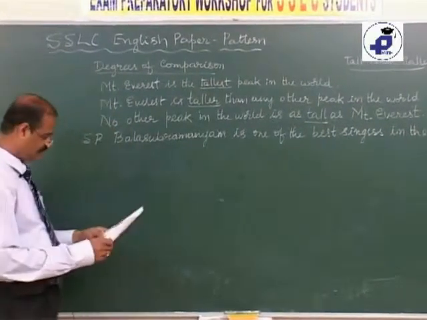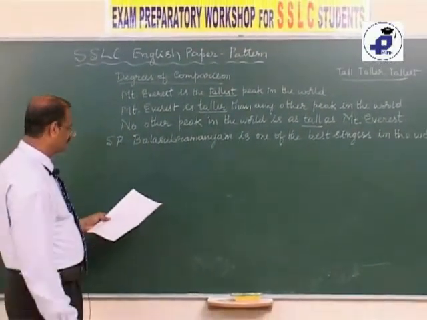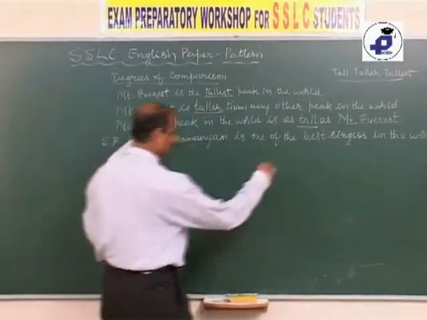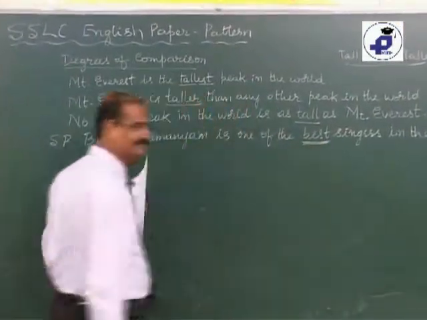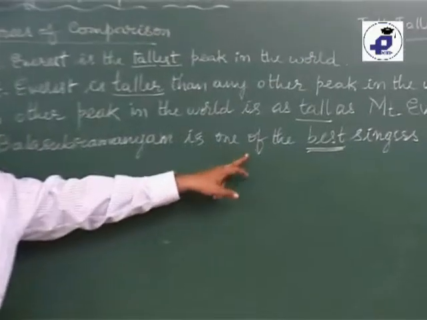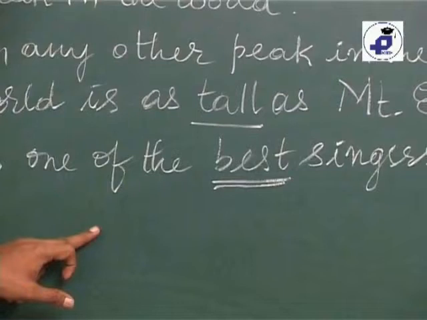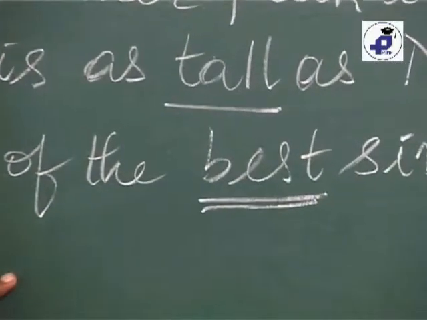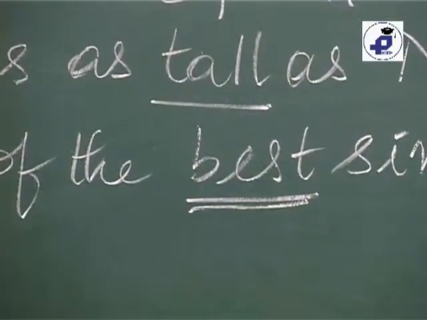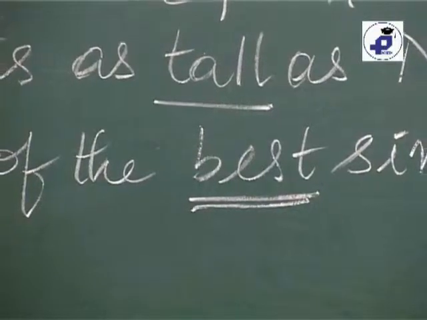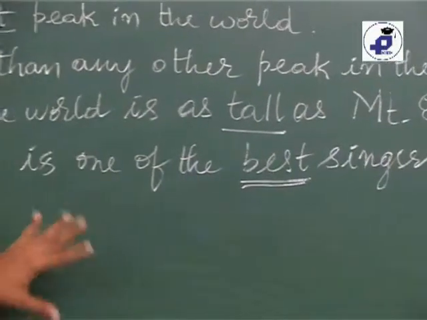Now how do you convert this? Let us convert this sentence into comparative degree. Here which is the superlative degree? The word is best. Then what are the positive and comparative forms of this word best? Good, better, best. So unless you know this, it will not be possible for you to convert them into other degrees.